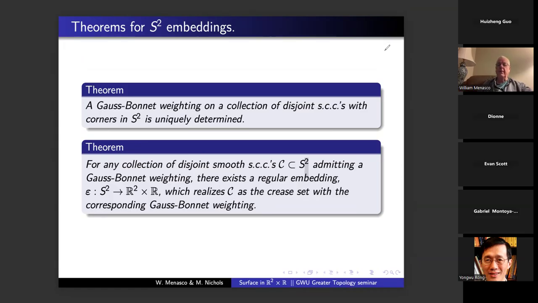So here is a two sphere, and here is just one curve. I'm going to put one curve on it. Now that curve bounds a disk here and bounds a disk out here. And so it's Gauss-Bonnet, and the Euler characteristic of a disk is +1. So the Gauss-Bonnet weighting that would work would be +1.